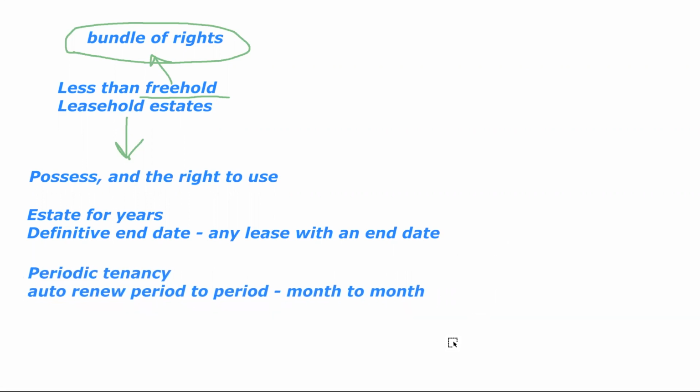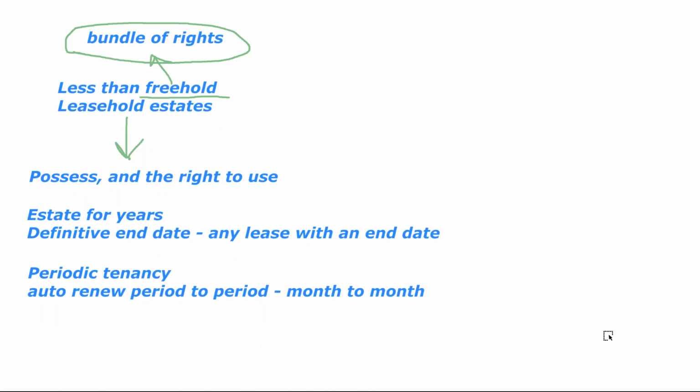Sure. Are they as common? No, not at all. But you could have them. The litmus test for the periodic tenancy is going to be that it auto renews. So that month to month, bottom line is all you need to know is that it is just auto renewing.